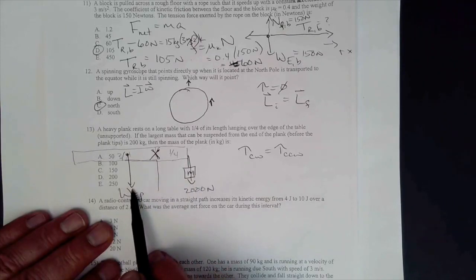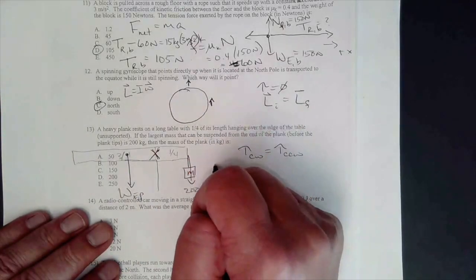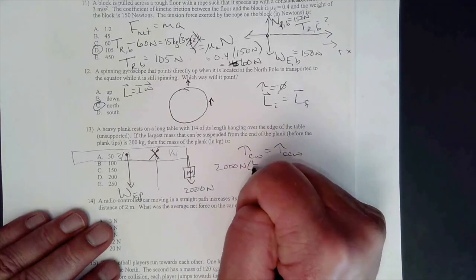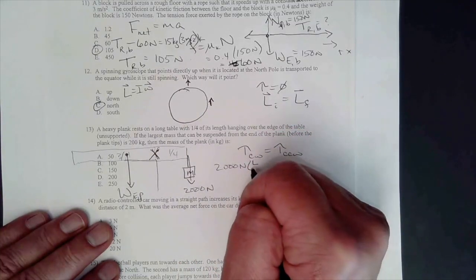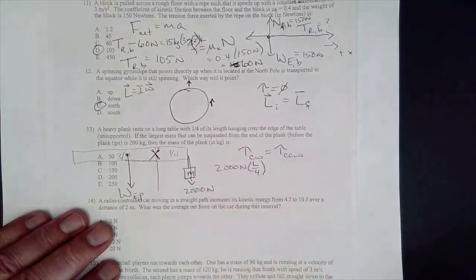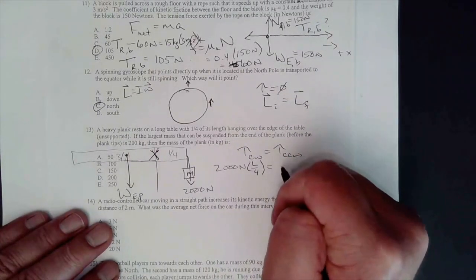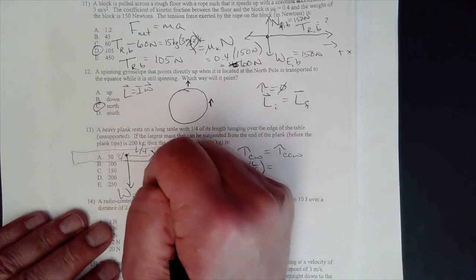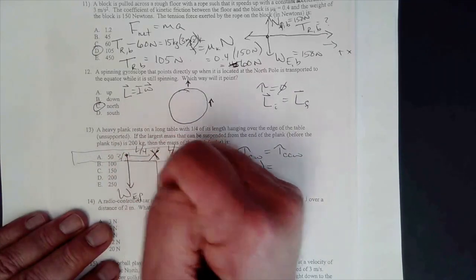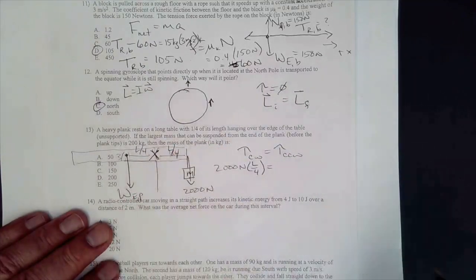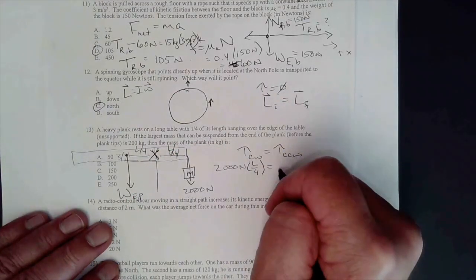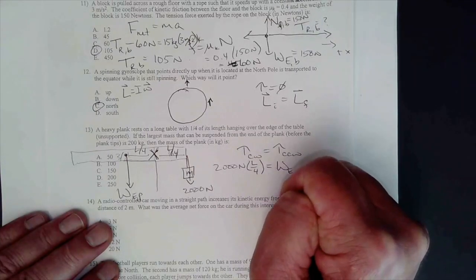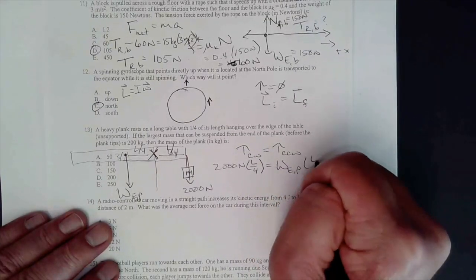So I have 2,000 newtons times the length of the beam divided by 4 as the lever arm. Over here, I again have the length of the beam over 4 for the lever arm there. So that's going to be the weight of the plank times the length of the beam over 4.